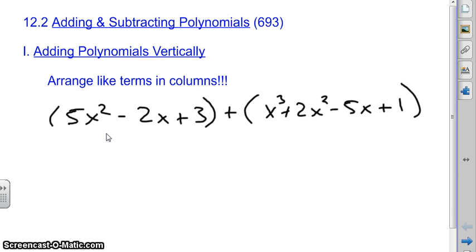Trinomial. Say it, everybody. Trinomial. And the second expression has 1, 2, 3, 4 terms, so we call it a 4-term polynomial. Very boring.